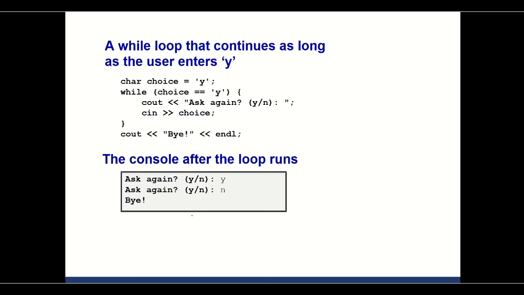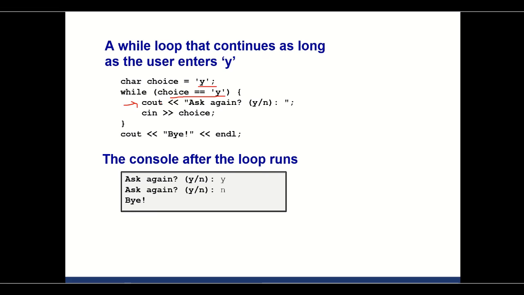There can be another example, a while loop that continues as long as the user enters y. There is a character, you have the choice equals y. Now, while the choice remains y, it enters the while loop.